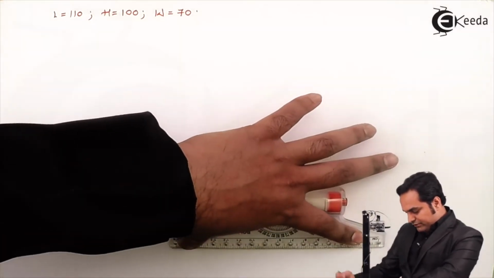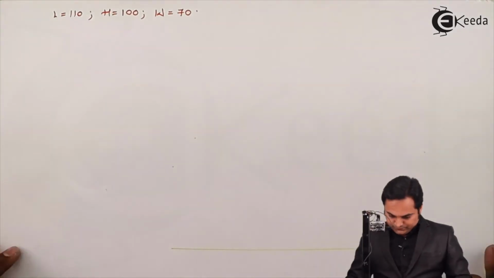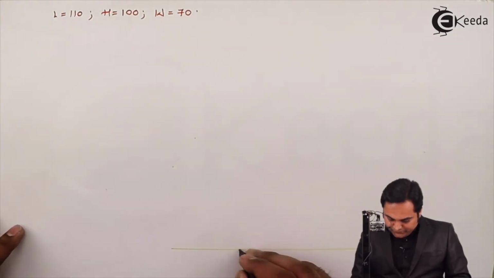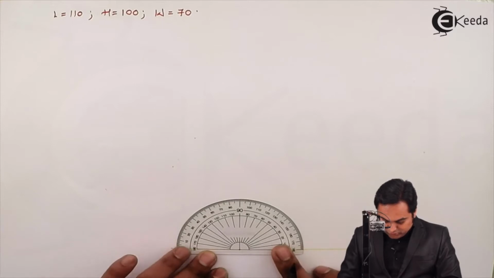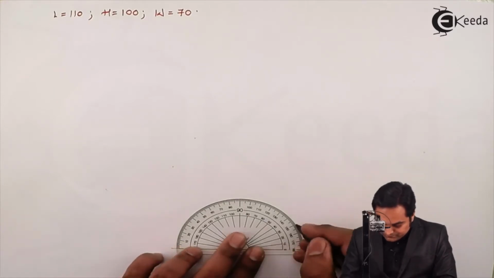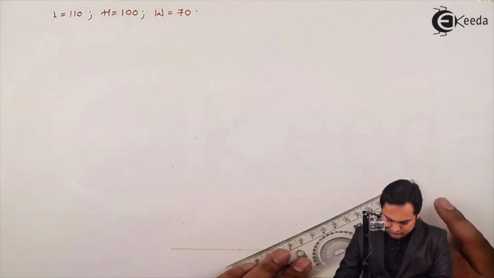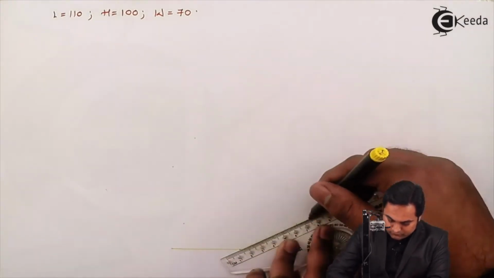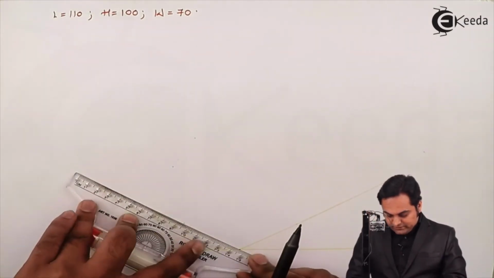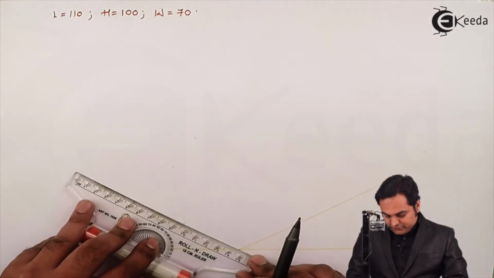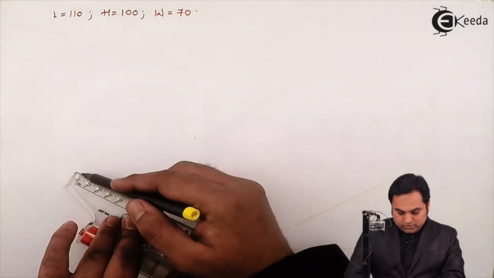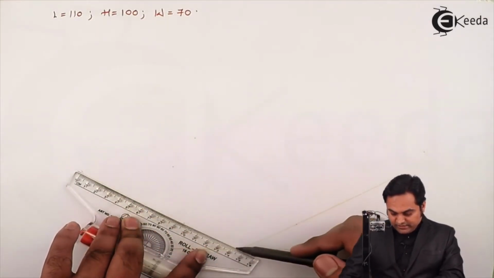Here I am drawing a light horizontal line. Next, selecting a point here, I'll measure a 30-degree angle on both sides. So drawing light lines inclined at 30 degrees, because in isometric projections we have surfaces which are inclined at 30 degrees.